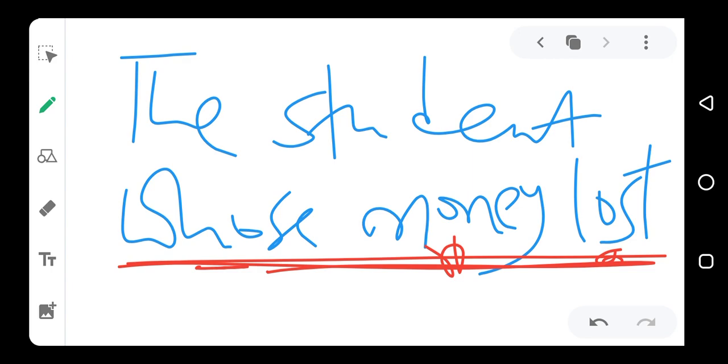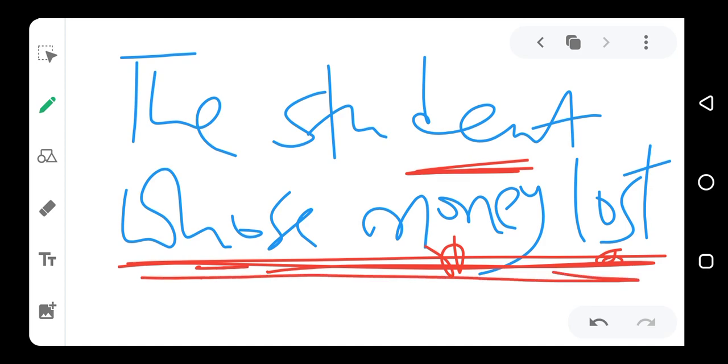So which one is this? What will help us now is the position. Is this marker coming immediately after a verb or immediately after a noun? It is coming immediately after student, and student is a noun. So we conclude that this highlighted part of the sentence is an adjectival clause.